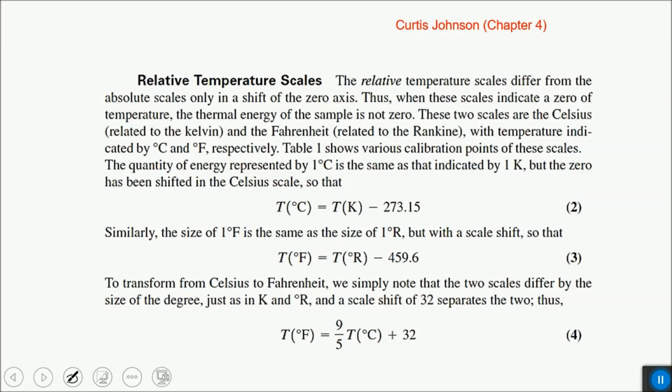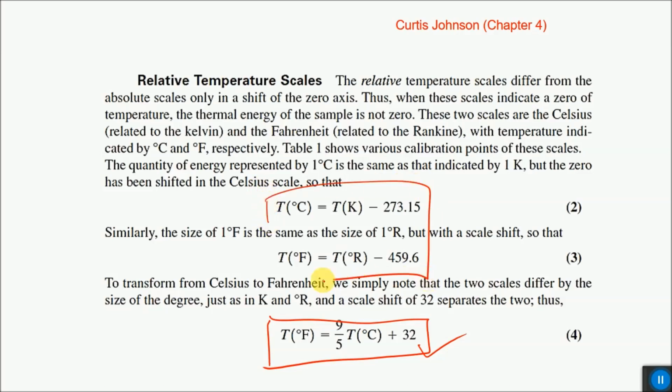In case of relative temperature scales, we have degrees Celsius and Fahrenheit, and they can be converted to each other using another well-defined formula. And if we want to convert absolute temperature scales to relative temperature scales, we can use these two formulae. You don't have to remember these formulae, they will be given in your formula sheets, and you can search for them on the internet or in any book.